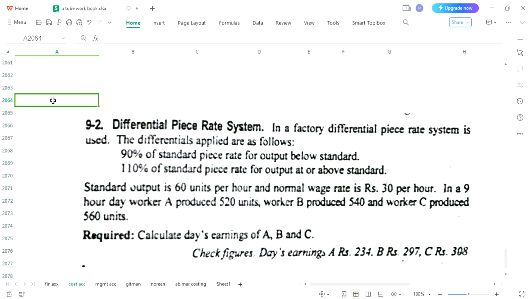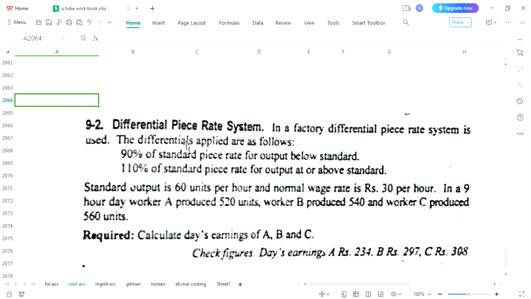If it is mentioned that 1000 units should be manufactured, and a worker had manufactured more than 1000, we should appreciate him. If a worker had produced less than 1000, we should discourage him. This is called differential piece rate system.